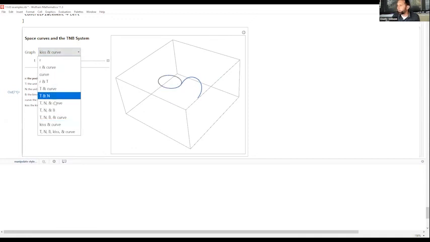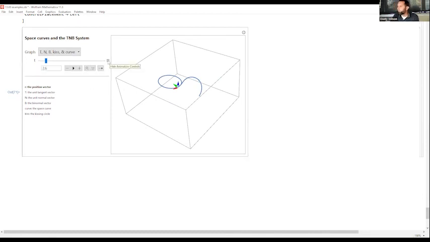Okay, I'm going to turn on my T, N, and B. Notice that the direction of the kissing circle is given by the red and the green vectors. That's the tangent and the normal vectors.